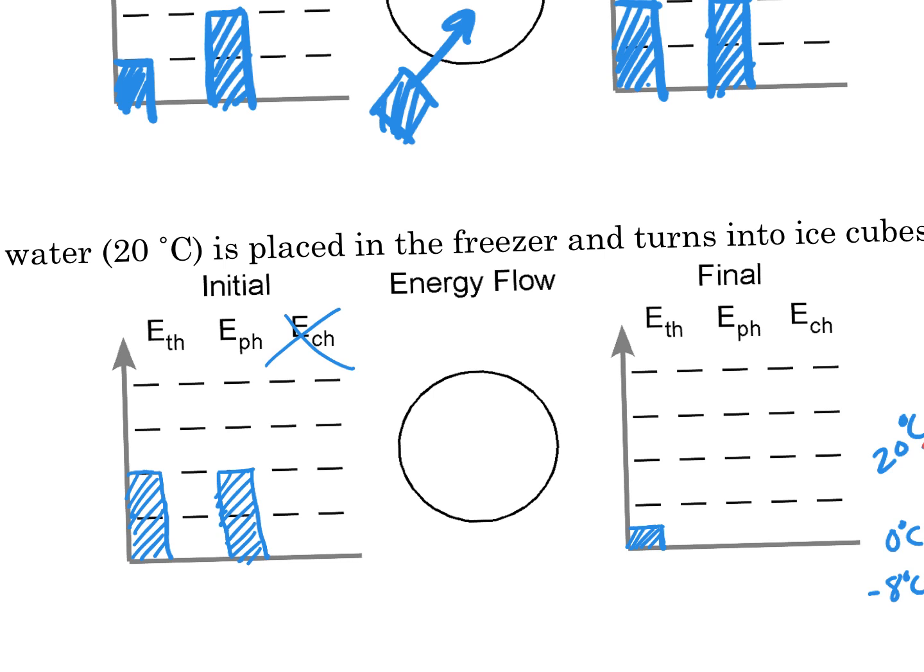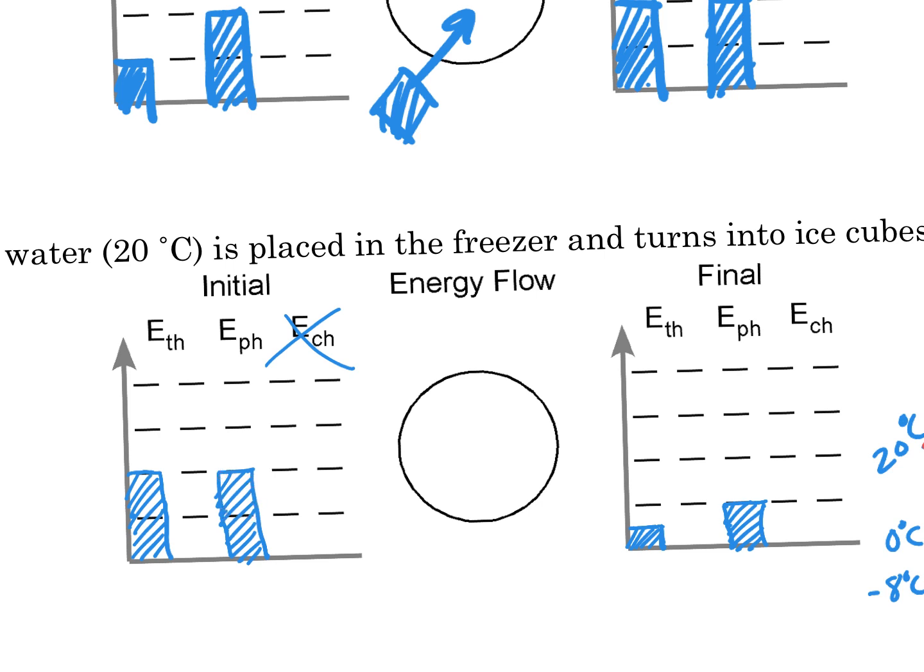That's very cold, so it's like a half a bar of energy. And we're at a solid, so the phase energy is just 1 block of energy. Okay, so we now lost 1.5 blocks of thermal energy, and we lost 1 block of phase energy.